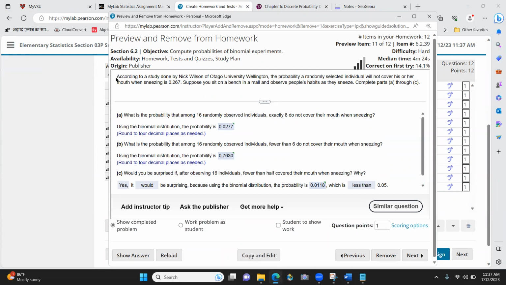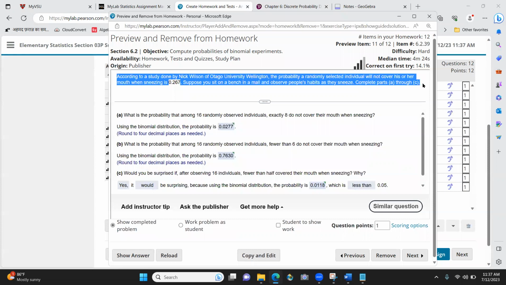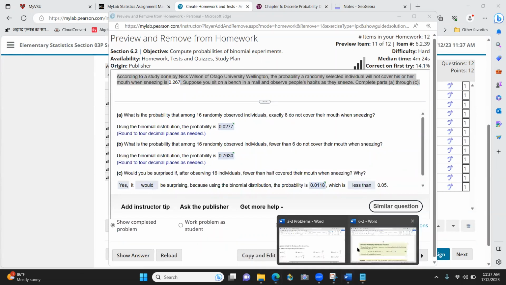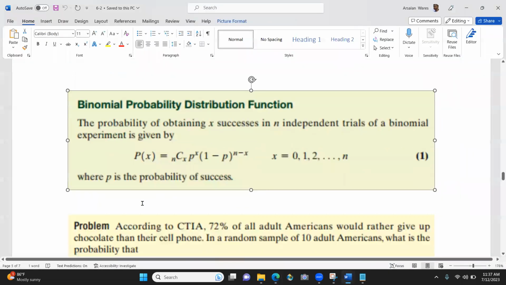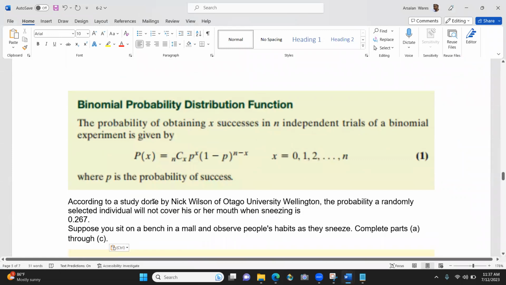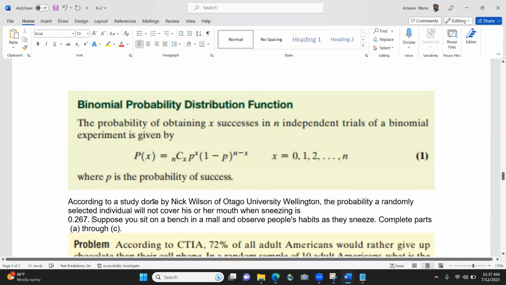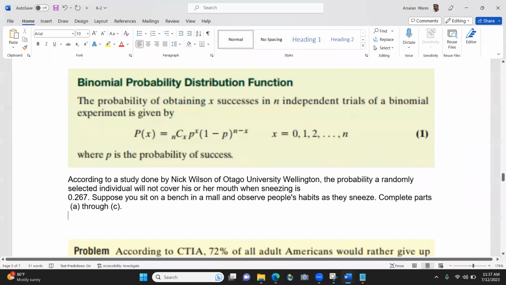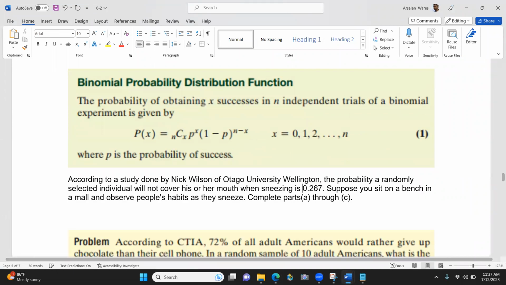I'm going to come and check the answers with you guys. So what we're doing is a typical problem from your book, and we're going to show you why that formula, the one we just discussed, will make sense, or how to use that formula above this.